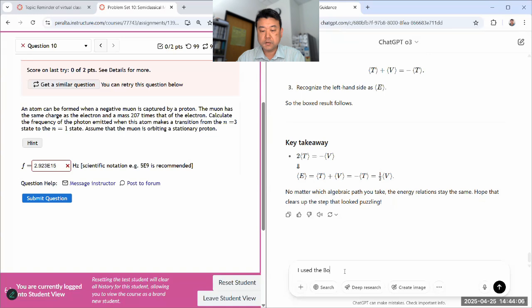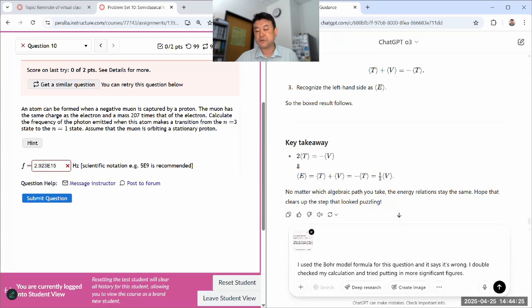I used the Bohr model formula for this question, and it says it's wrong. I double checked my calculation and tried putting in more significant figures, all the things that don't help you.